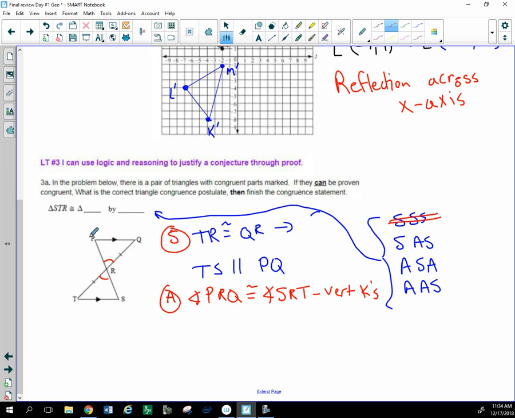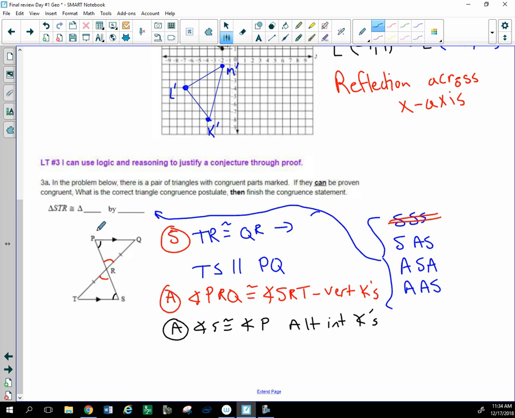And since I have parallel lines, it just depends on what I choose. If I choose angle S to be congruent to angle P, and that's by alternate interior angles, then that would mean it would be angle, angle, side.